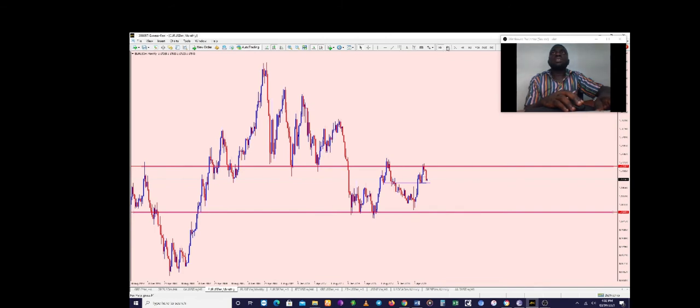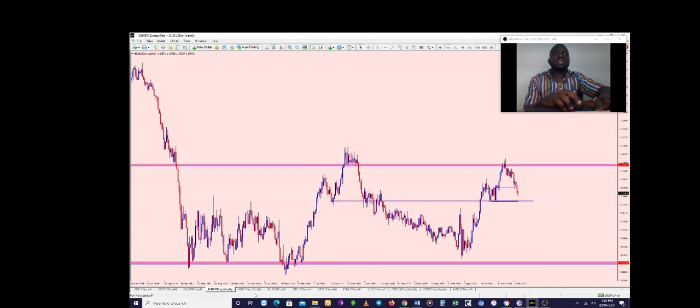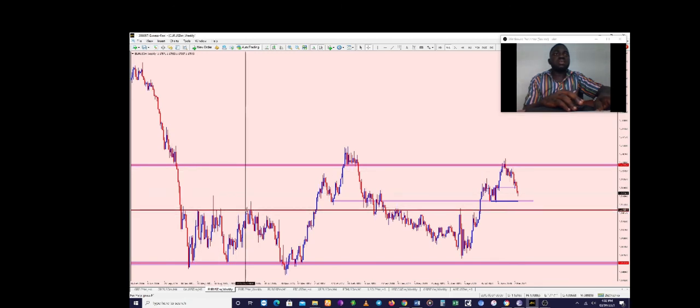When I go to the weekly time frame, you can see these support, and support. What else can I see in a weekly time frame? I can see resistance. So when I just mark it, you can see clearly that I'm looking at this level. It breaks through here, but it's fine.